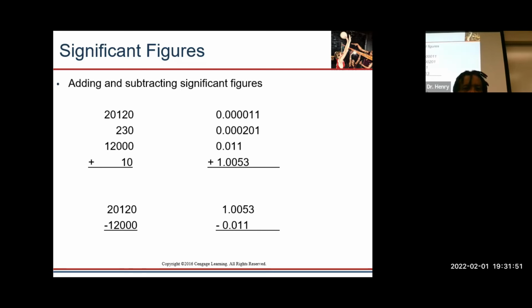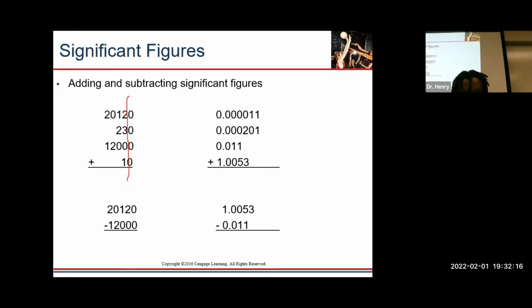Okay, so for instance, where does significant stop in that very first number? After which number? After the second 2. Okay, so I'm going to draw a line there. What about the second number? Same spot. What about the third number?